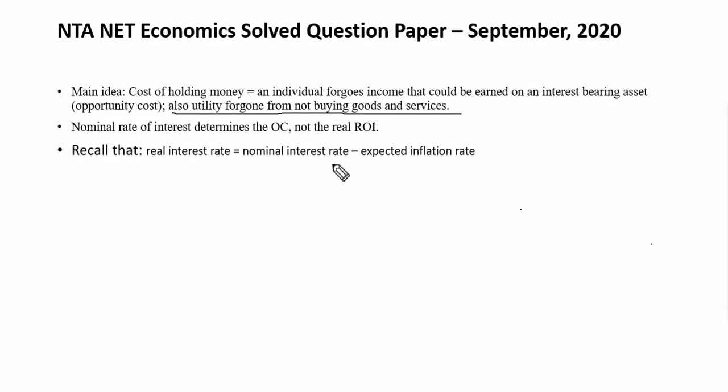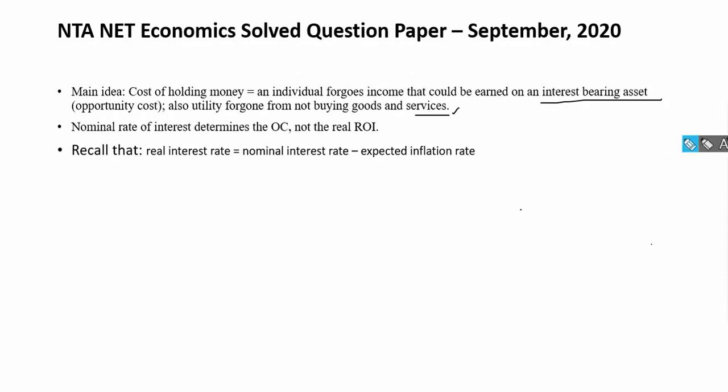When the person is holding money, he's saving the money and not using it for buying goods and services. That means there is a utility which is being foregone. So basically the cost of holding money is the summation of the foregone income that could be earned on an interest bearing asset, and secondly the utility foregone from not buying goods and services. So this summation of 1 plus 2 is basically the cost of holding money.